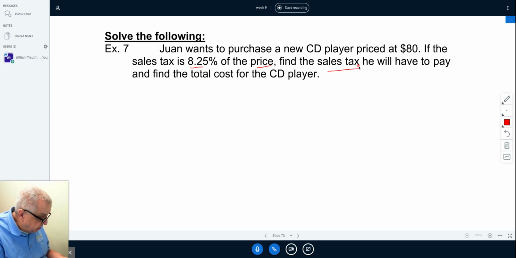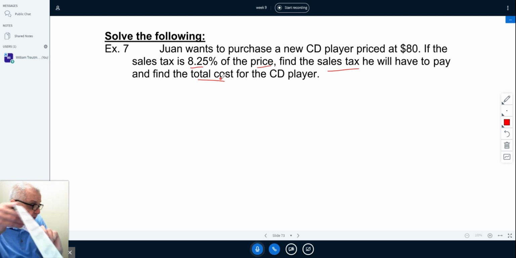So let's look on here. So we need to find the sales tax. It just says find the sales tax he will pay and then find the total cost. So there's 2 questions. First, find the sales tax.